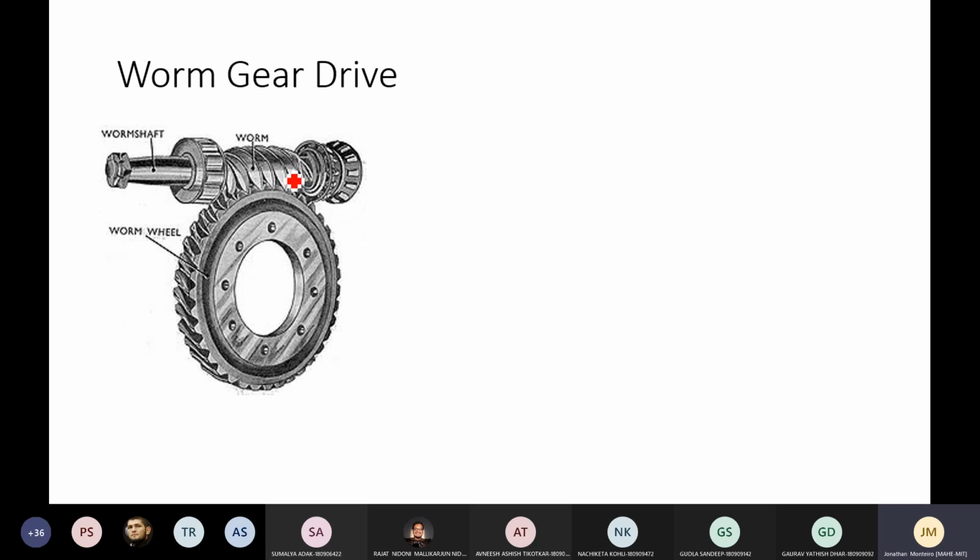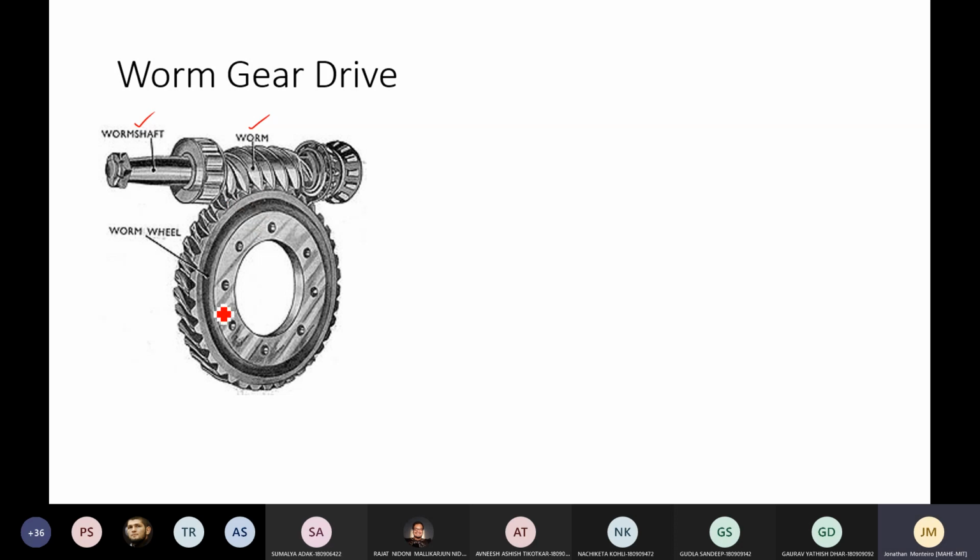That is why it's a worm, and it resembles a screw, a very large screw where you have helical grooves cut over a shaft. So that is the concept of worm, and the shaft connecting the worm is called a worm shaft, which is welded to it, or it's an integral part of it as a single piece.